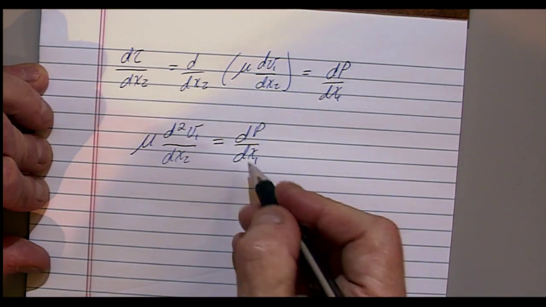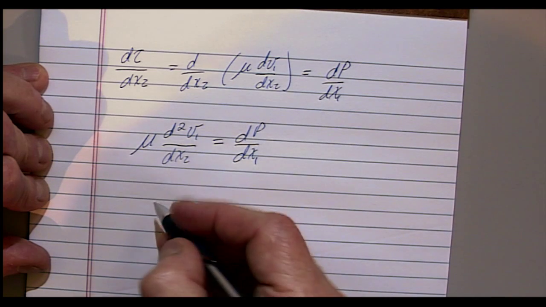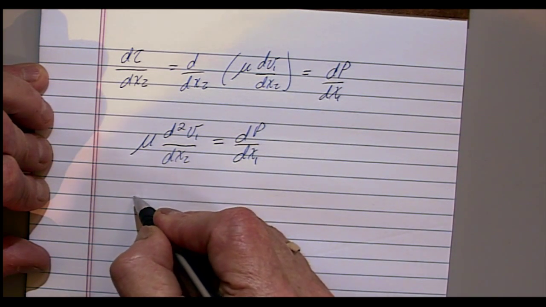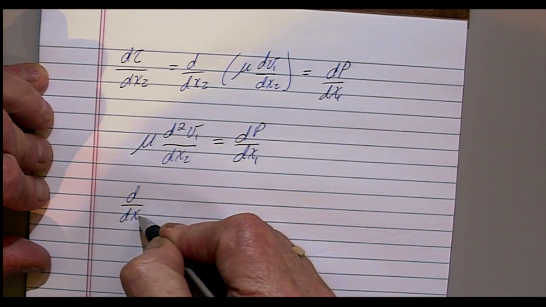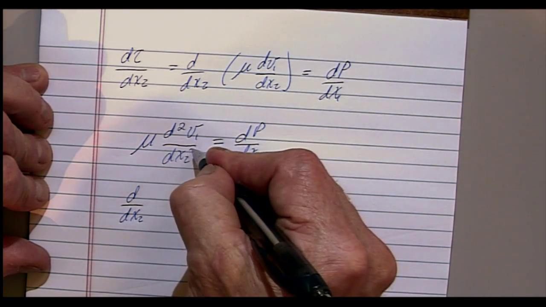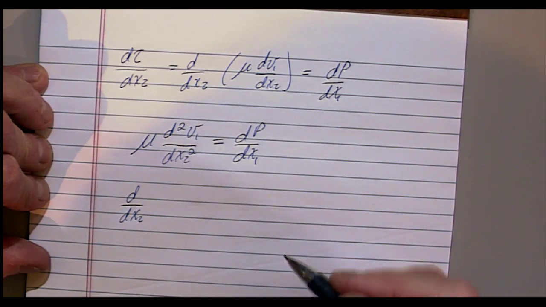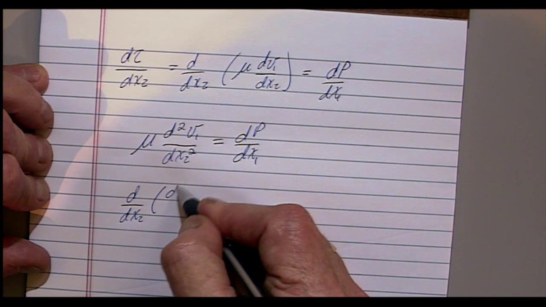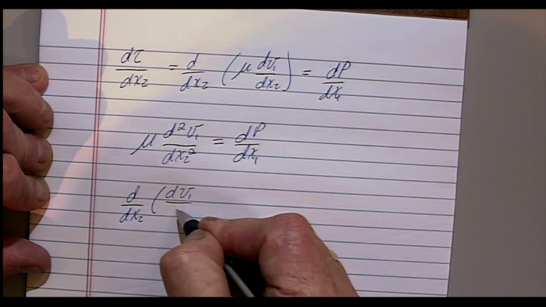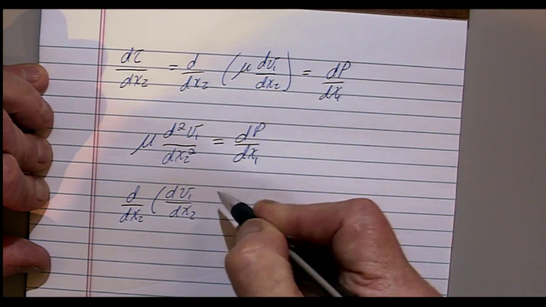So let me take the mu to the other side of the equation and write the derivative of the velocity with respect to x2 times the derivative of the velocity in the one direction with respect to x2.